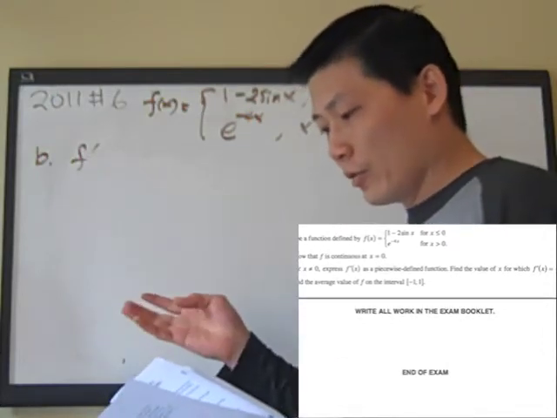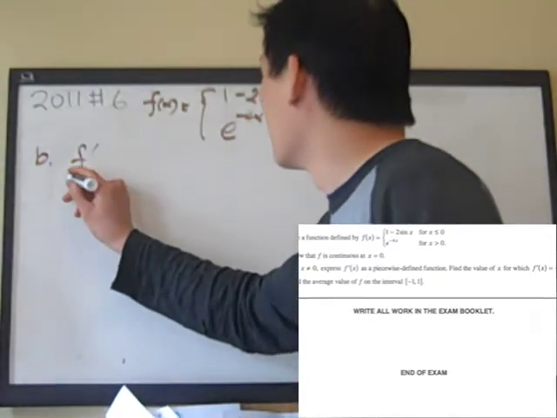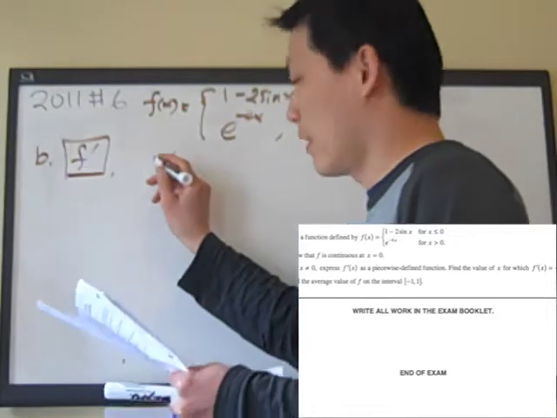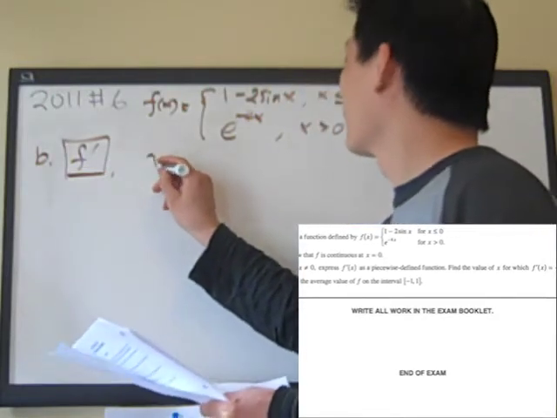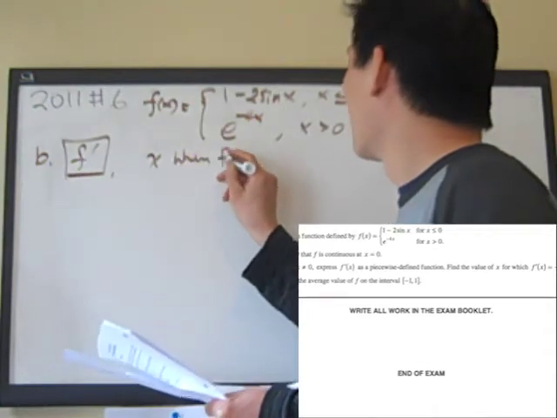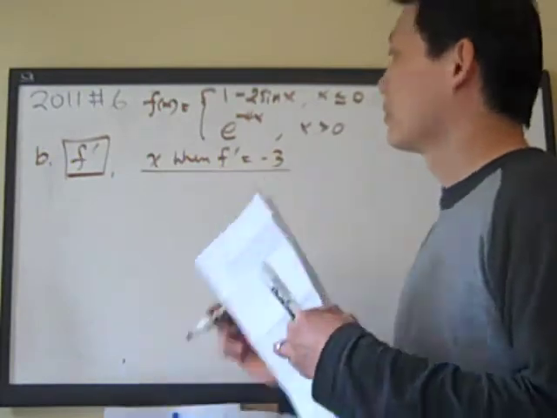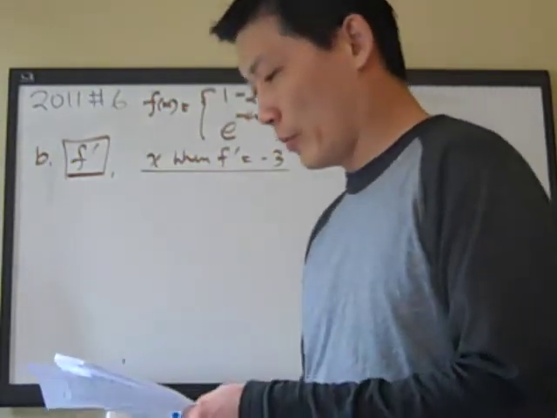After that, we need to find the value of x when f prime is equal to -3. So we have two parts for this problem. Let's do the first part.